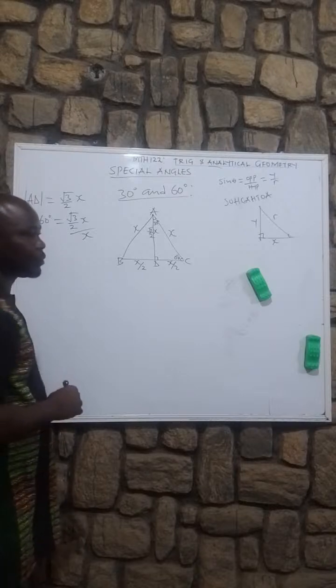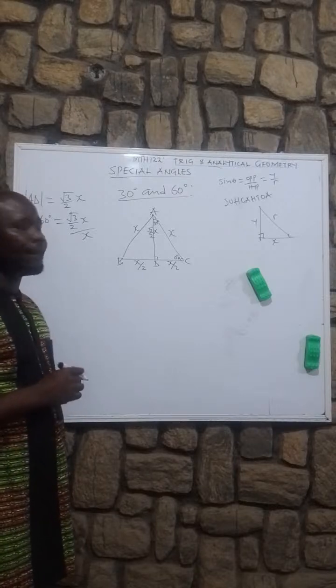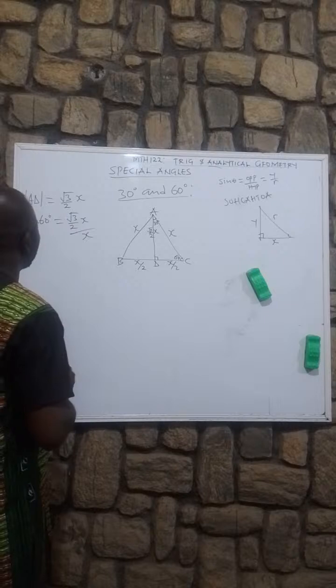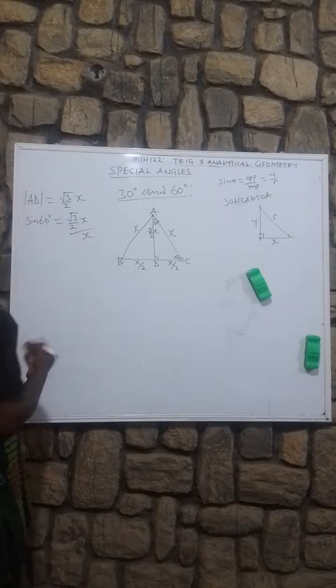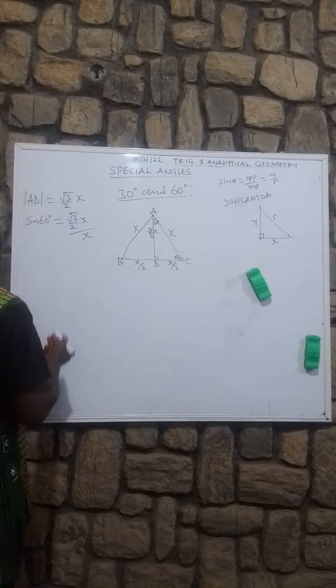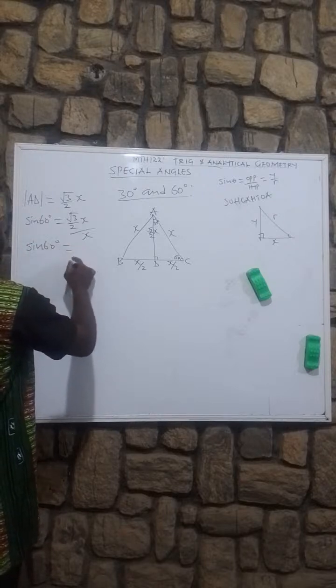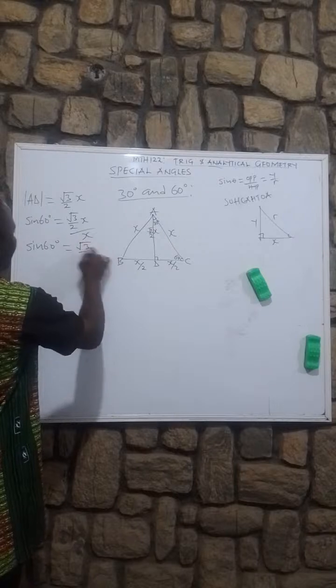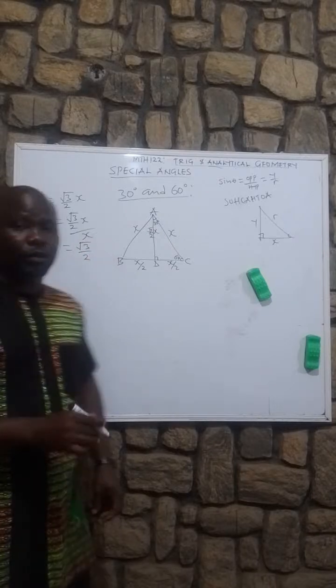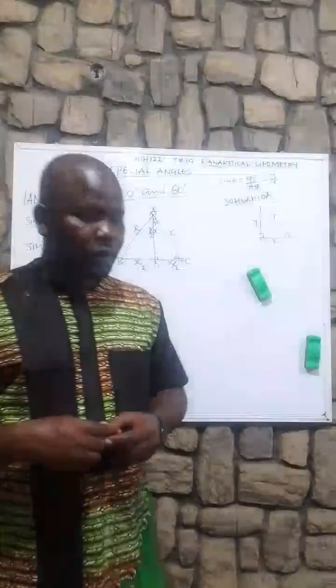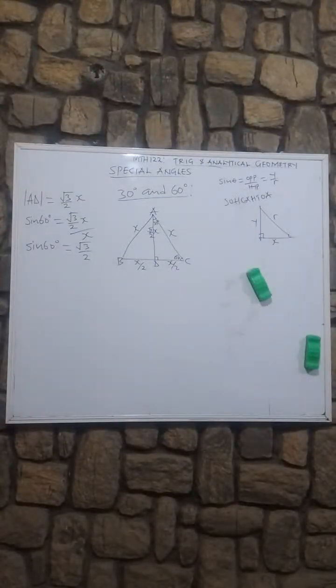True or false? So you don't need the prophet to tell you, our sine 60 degree is equal to what? Root 3 all over 2. True or false? Any question?